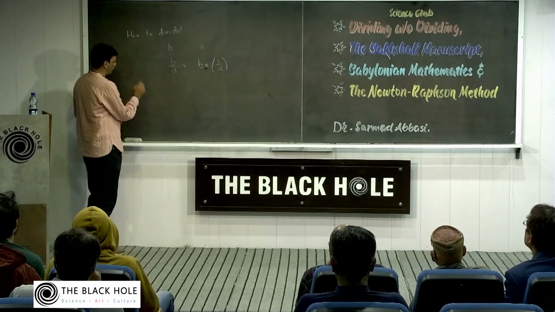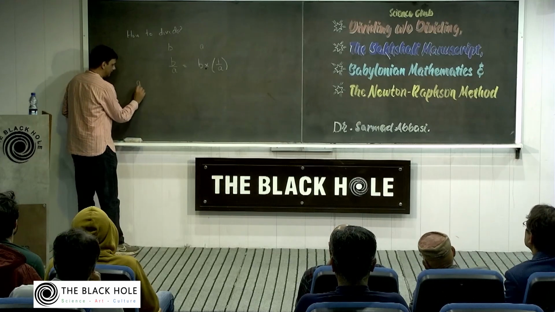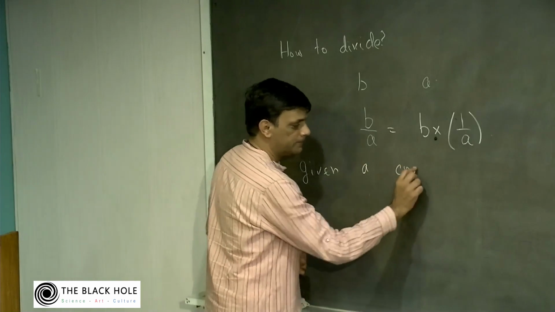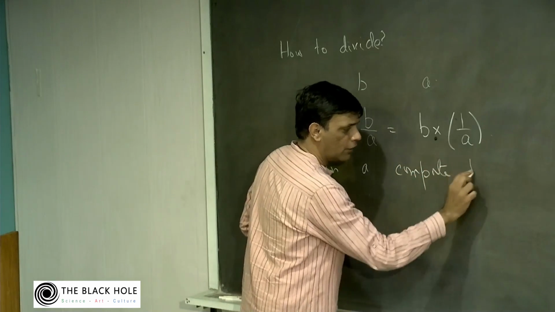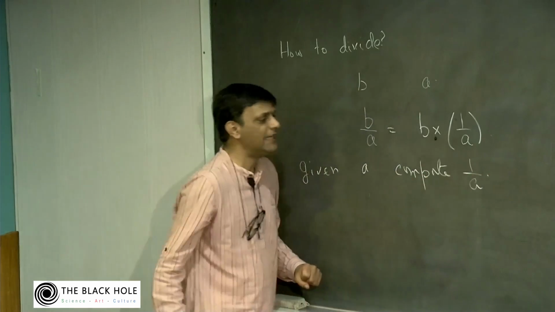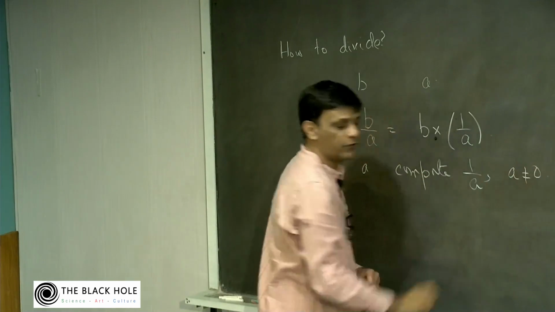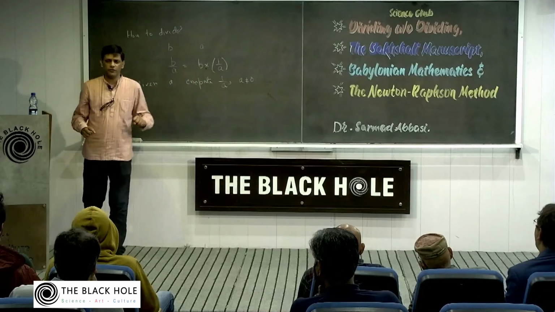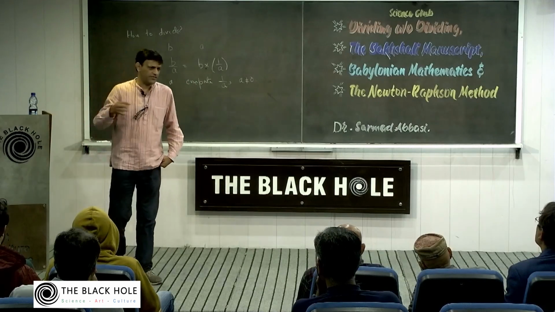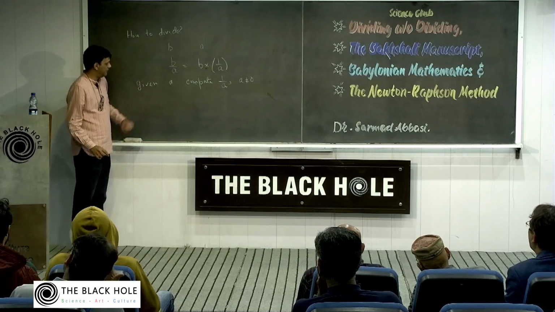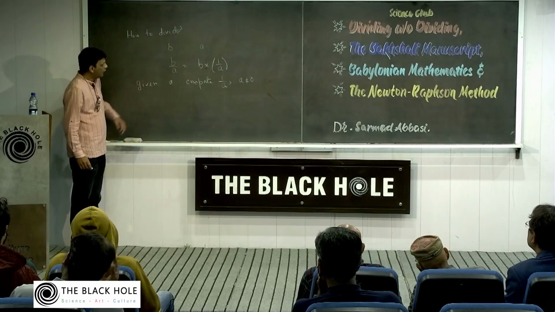So now our question is simple: given A, compute 1 over A, all right? And of course you want A to be non-zero, and you can also assume that A is positive, because if it's negative, then you can just put a minus sign in front of it, and it's a simple problem. So this is the question.